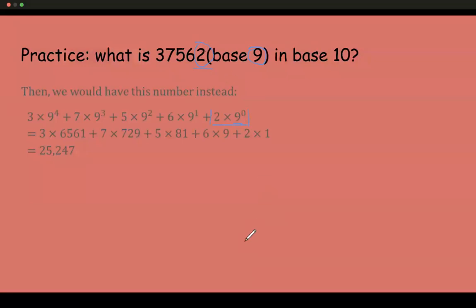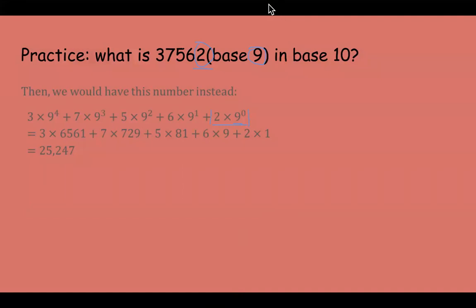So for the first one, we have 2 times 9 to the power of 0 because it's the first digit. Now, does anyone know what's 9 to the power of 0?